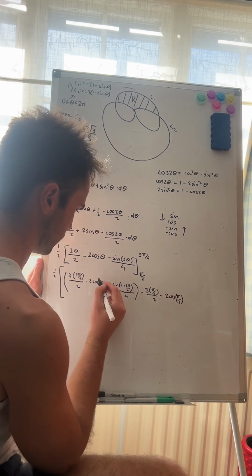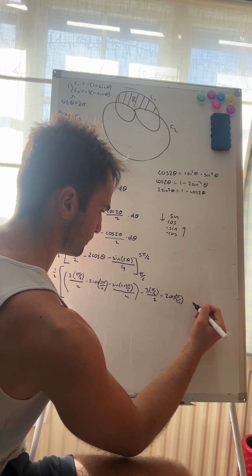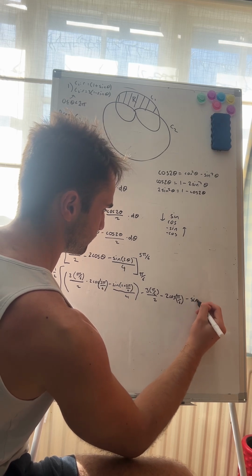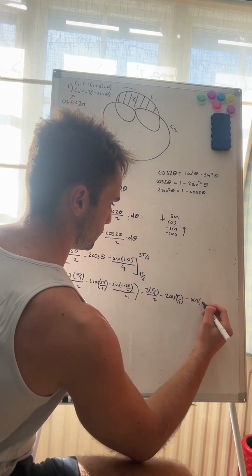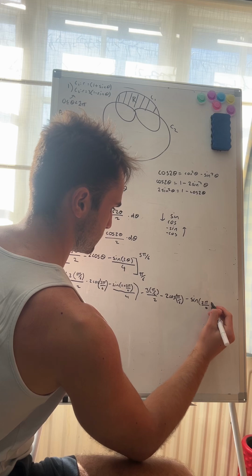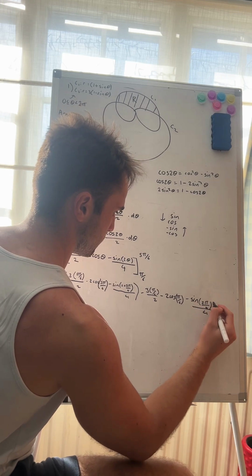Sorry, just put these in brackets for clarity. Minus sine of 2 pi over 6 over 4.